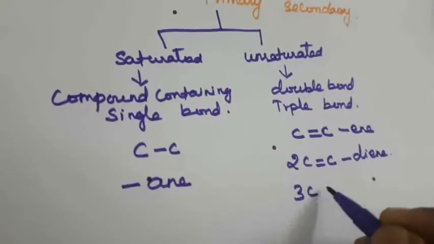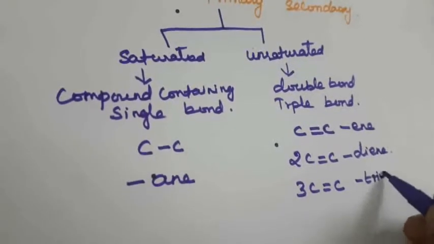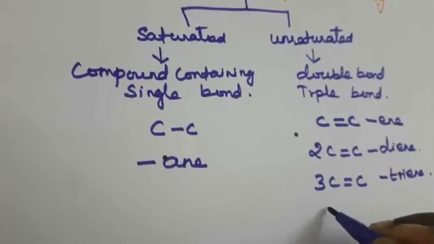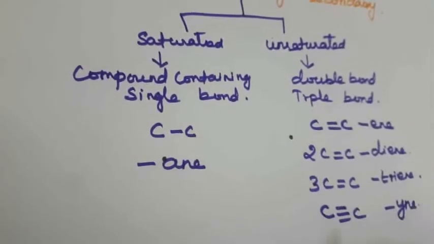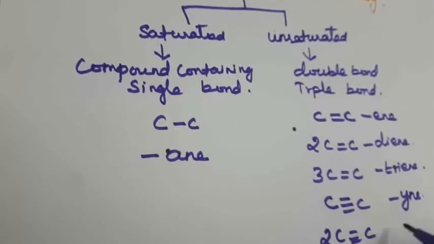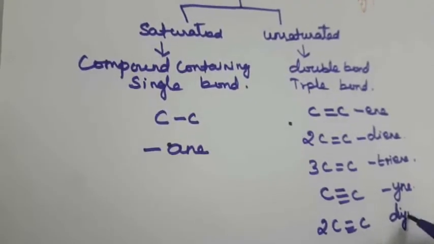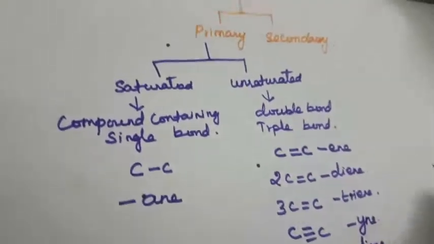Three double bonds, that is -triene. Then a triple bond, carbon triple bond carbon, is -yne. Two triple bonds is -diyne. This is called the primary suffix.